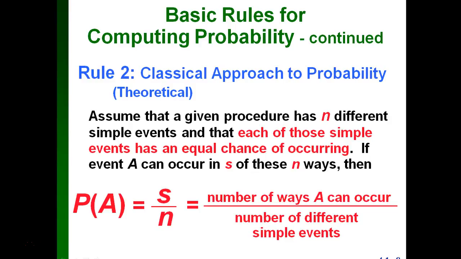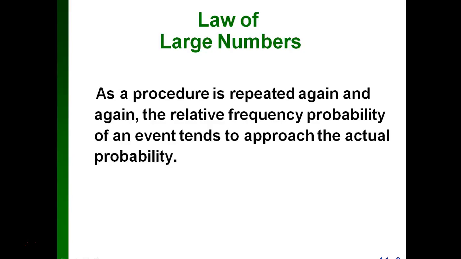Now there's a connection between these two though, and that's called the law of large numbers. So as you repeat an experiment many times, and when I say many, I don't mean 10, I don't even mean 100. It could be thousands of times. Eventually that experimental probability, as you keep up that running tab, will approach the theoretical probability.